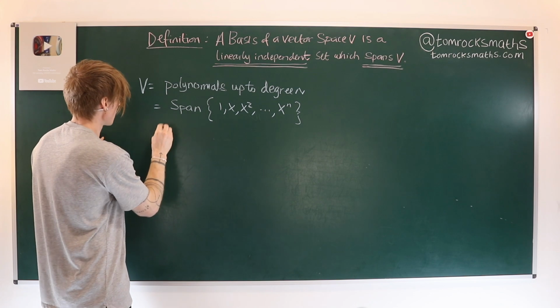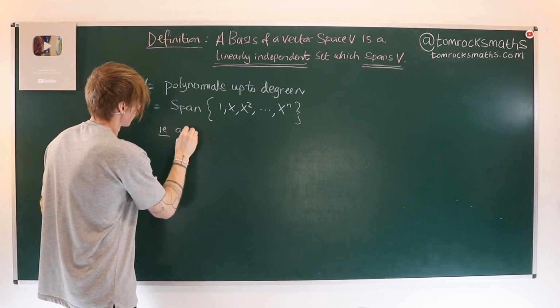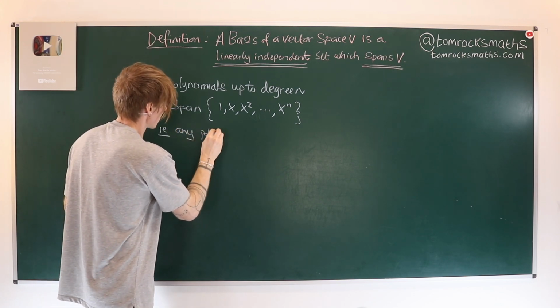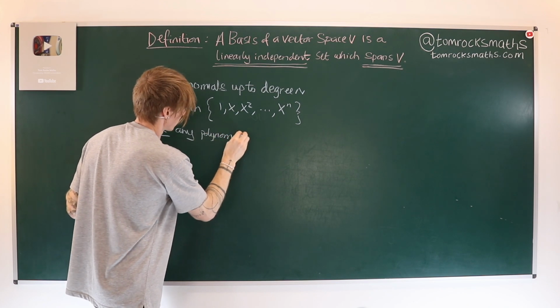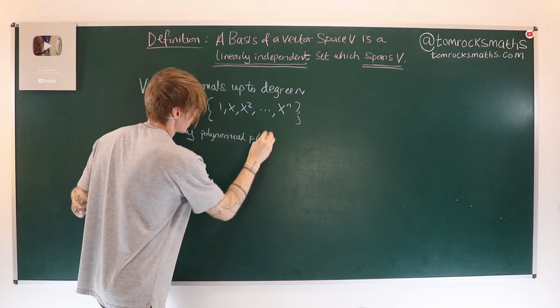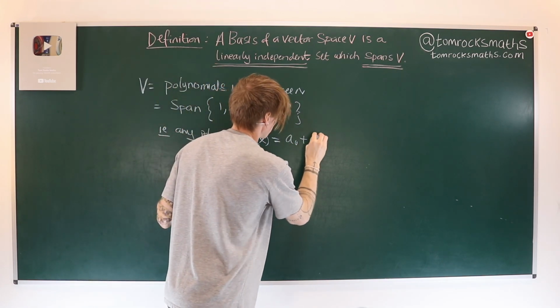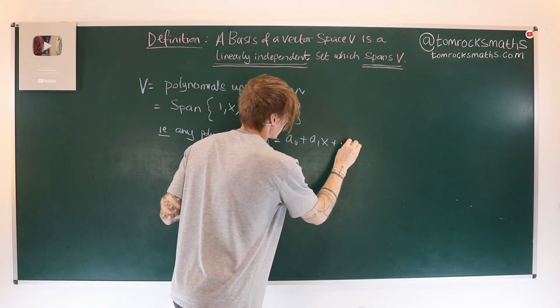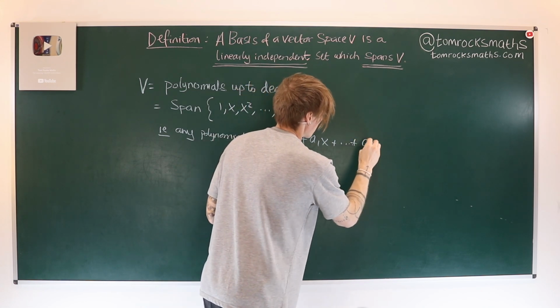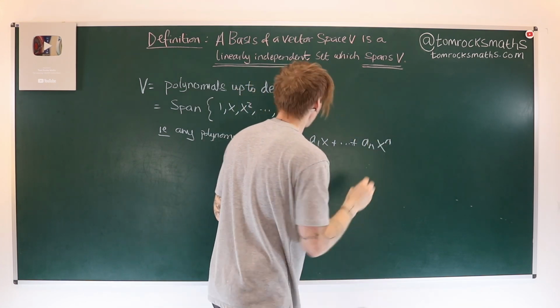So let's say, i.e., any polynomial p of x, which we wrote out very generally as a0 plus a1x plus up to plus an x to the n.